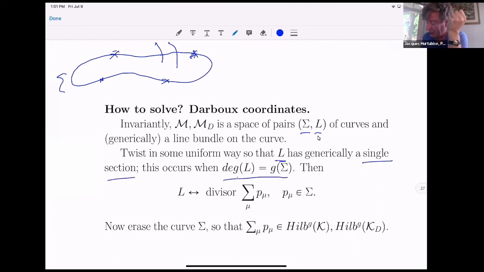So this happens when the degree is the genus. Okay, then basically L will correspond in a unique way to a divisor. And this divisor has g points in it.